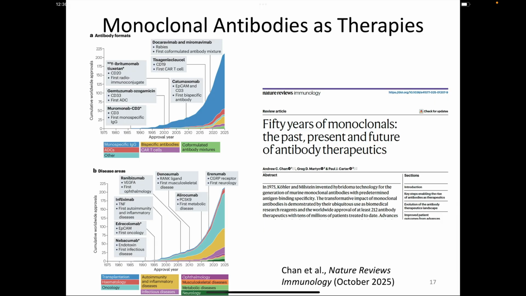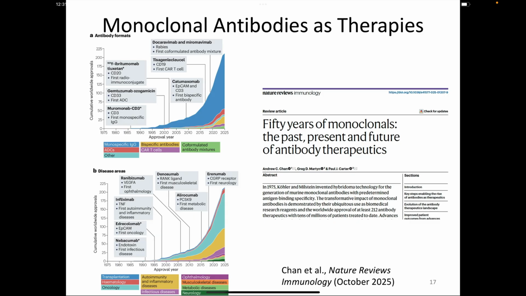This is showing you the increase in the number of drug approvals for antibody drugs. You can see that they started to be a thing in the early to mid-90s. There were a couple approved in the 90s, and now we're at like 250. And so these drugs are taking over the pharma industry and are becoming the key kind of drug.